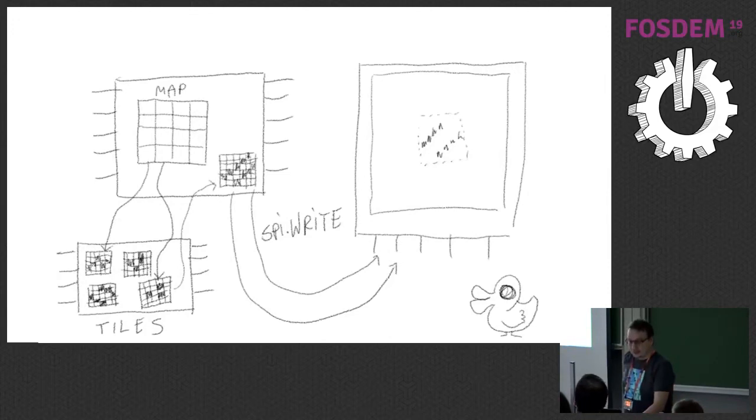When we actually send the data to the display, we just make a small buffer the size of one of those tiles. We fill it with already converted colors and so on, and we only send that small area. We only update the area that actually changed.